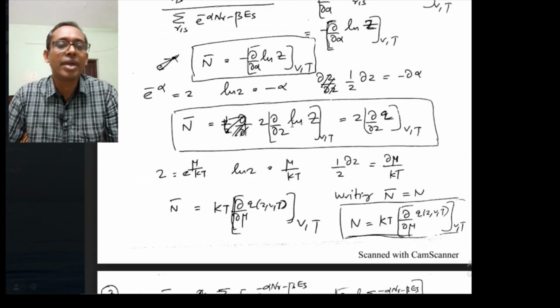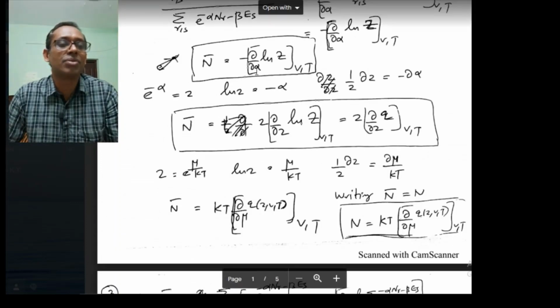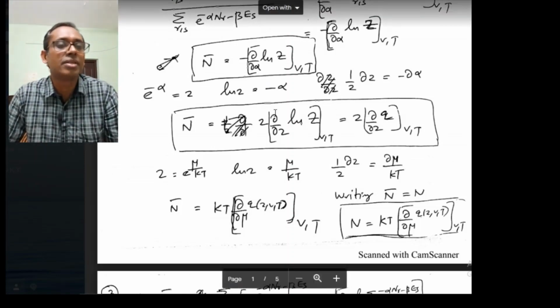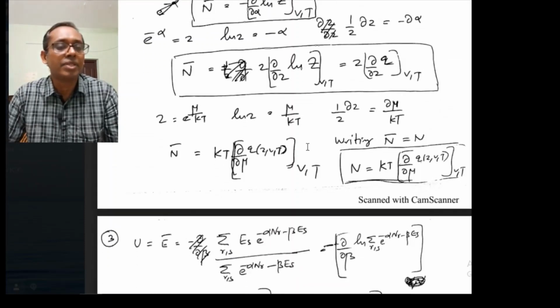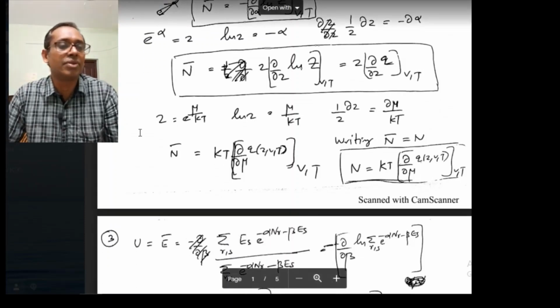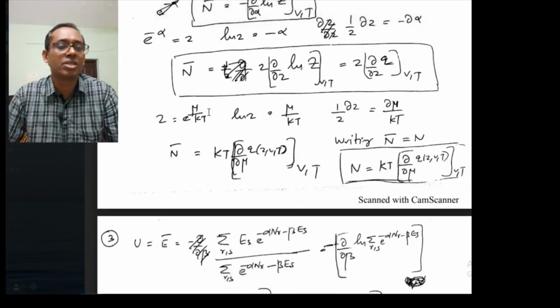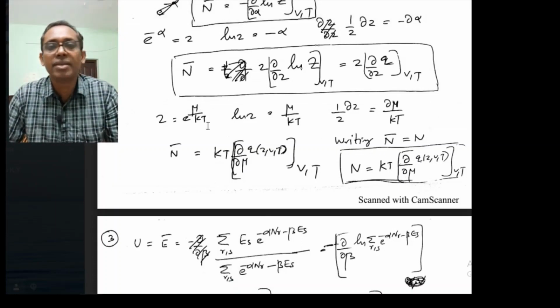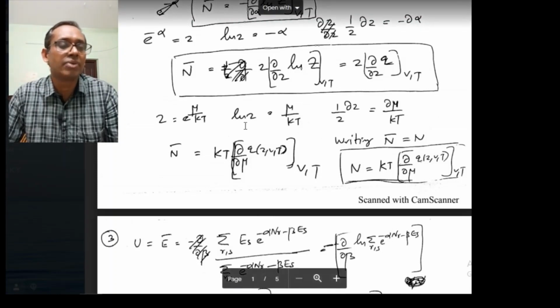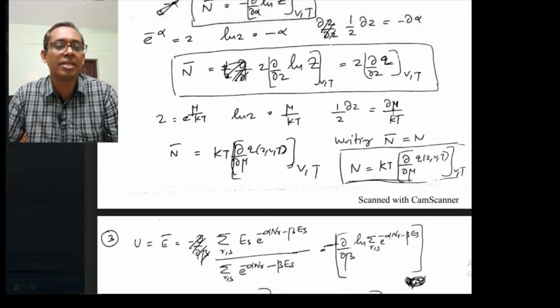So we have two equations in terms of alpha and in terms of z, derivatives with respect to alpha and with respect to z, and now with respect to mu that we are going to see. We know z is equal to exponential mu over kT. So if I take log z, it will be mu over kT. If I take the partial derivative, dou z by z is equal to dou mu over kT.